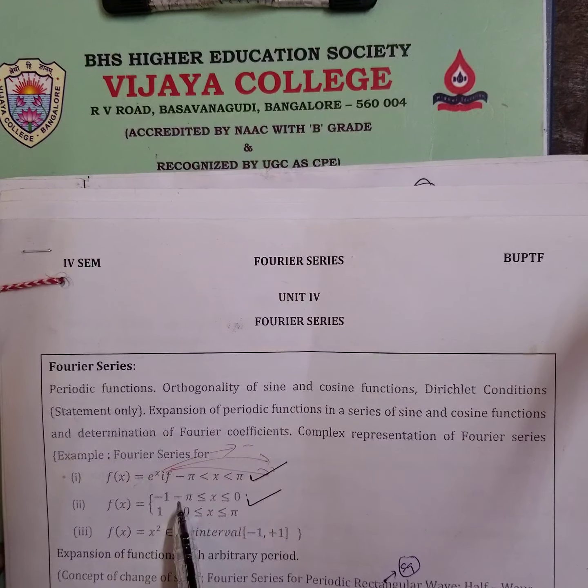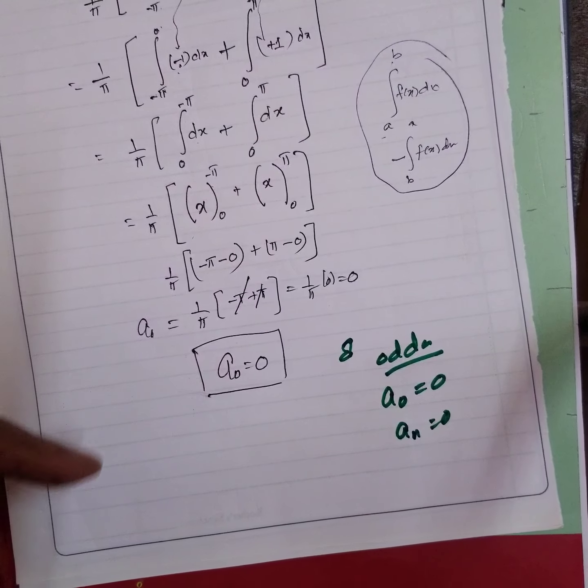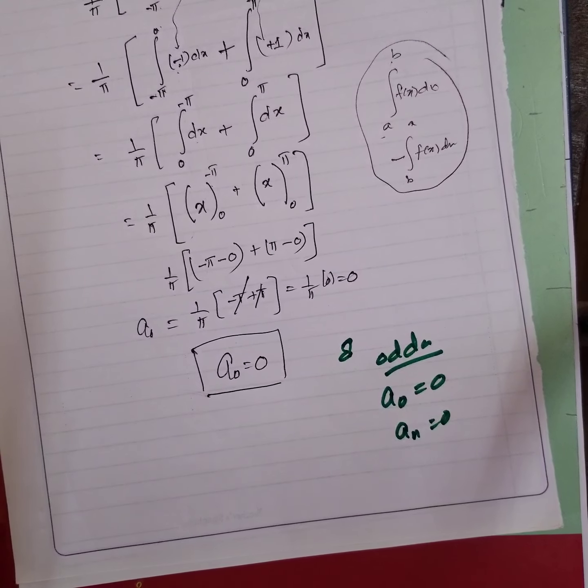Remember, for any odd function, a naught is equal to 0 and an is equal to 0.